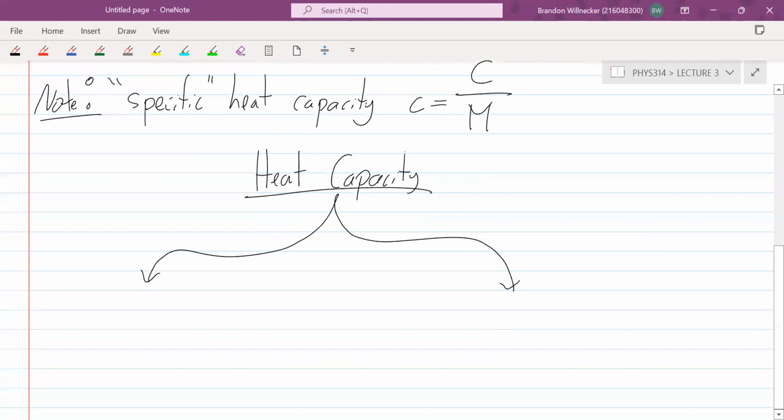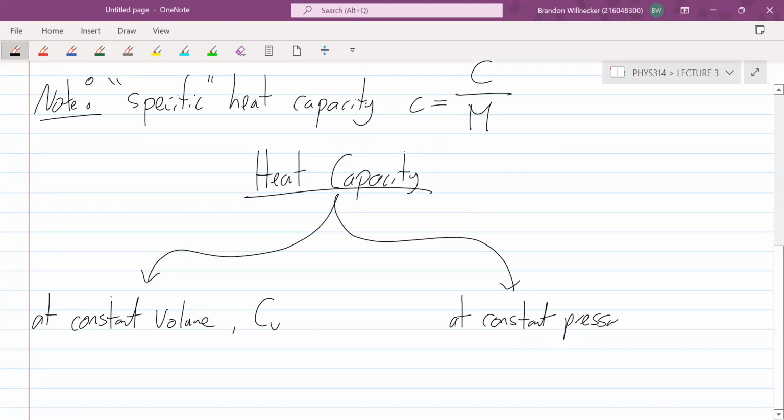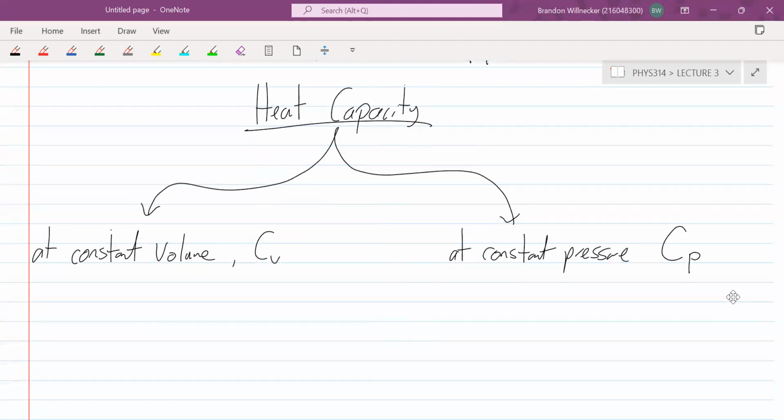The first one is at constant volume, and we use the symbol C with the little V at the bottom to show constant volume. And then there is at constant pressure, and then we use the C with the little P at the bottom to show constant pressure.